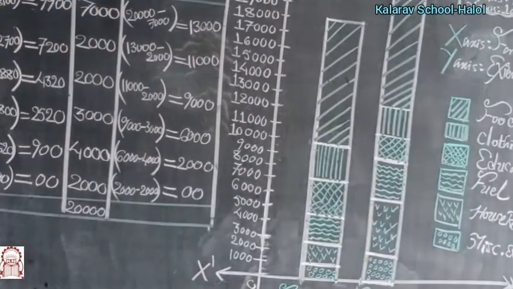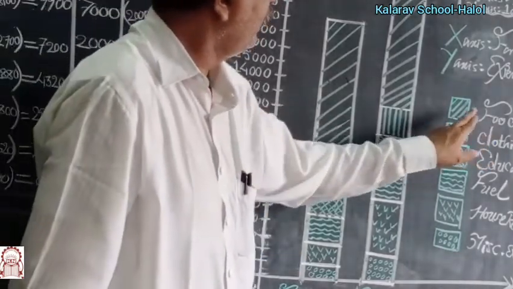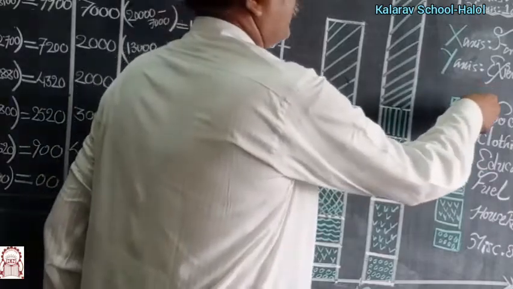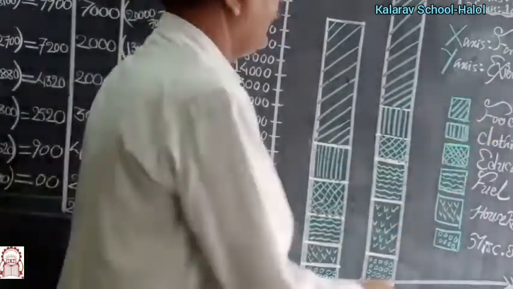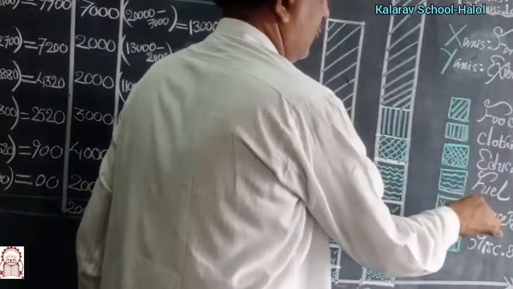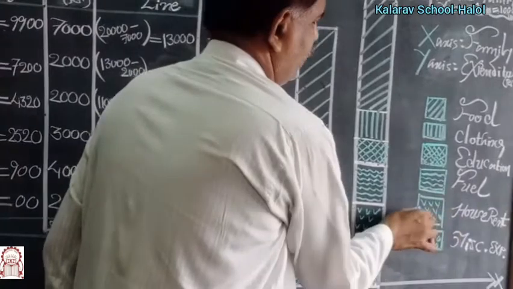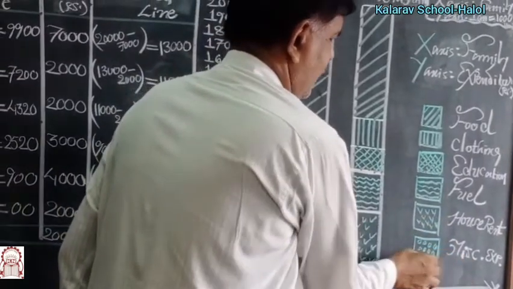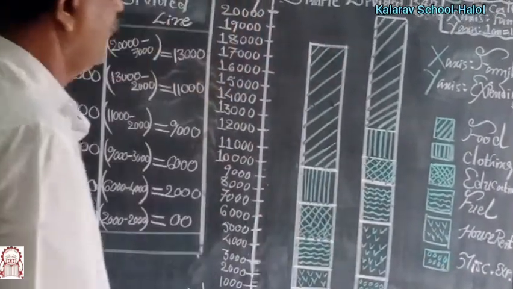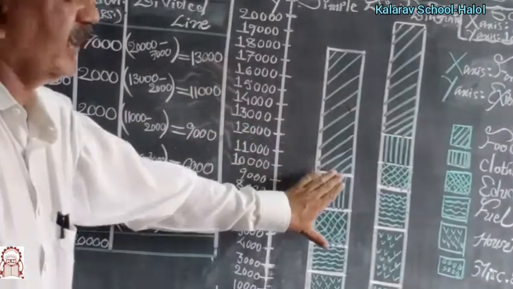To distinguish them we use signs. For food, cross strips; clothing, vertical strips; education, checks; fuel, zigzag sign; house rent, this type of sign; and miscellaneous expense, this sign. This is the simple divided bar diagram.